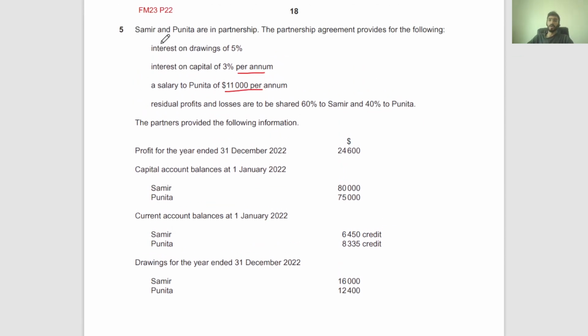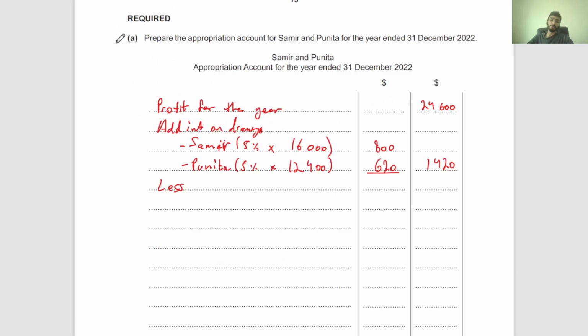the interest on capital, because this is basically the partnership rewarding the partners. In the exam, don't write int, write interest complete, the full spelling, on capital for both of them.